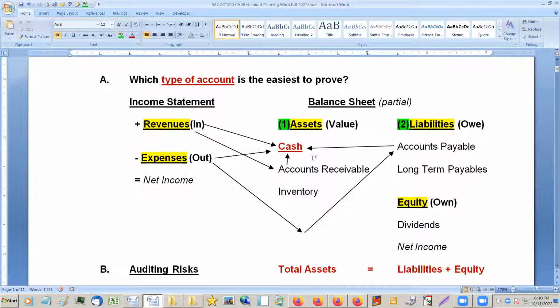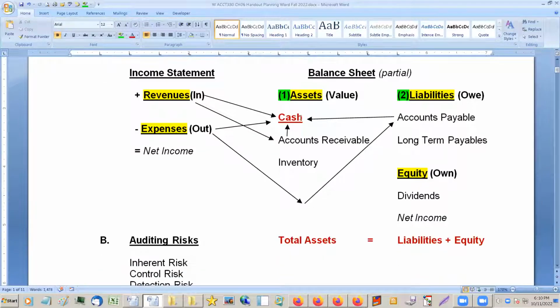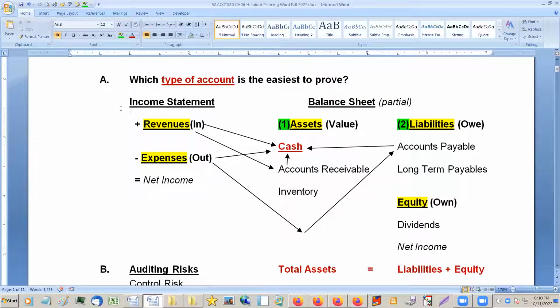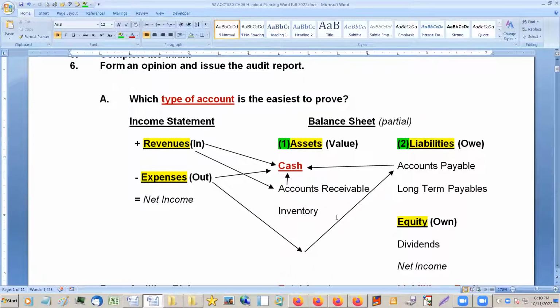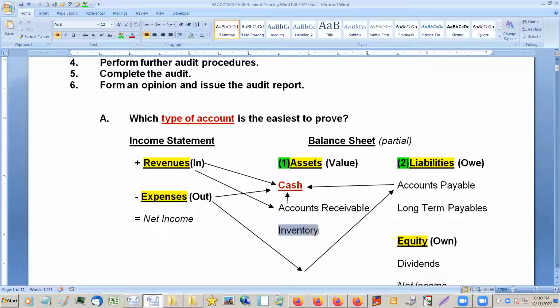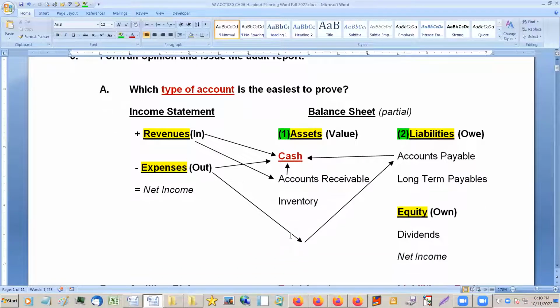When the accounts payable are paid, it goes through cash. So basically, everything on the income statement at some point in time is going to go through cash. And even these other accounts, inventory, even if you buy this on credit, it's going to go through cash. And so almost everything goes through cash, and cash is an asset that we can actually audit to a very high level. In fact, oftentimes 100%.